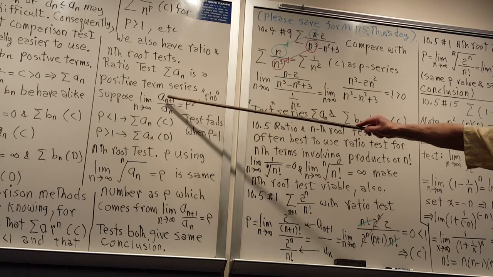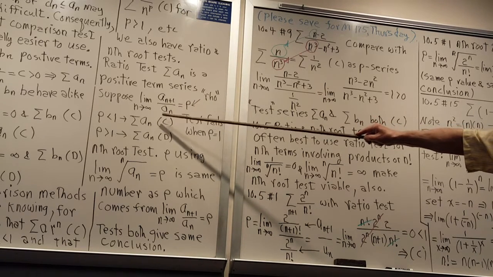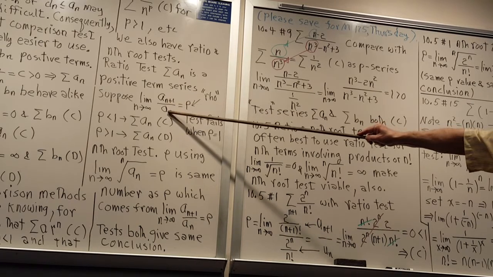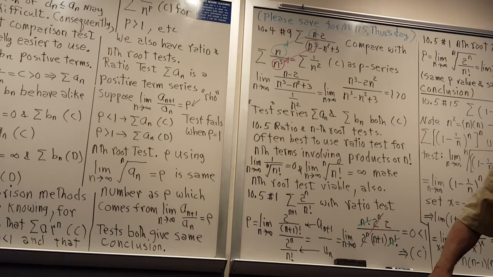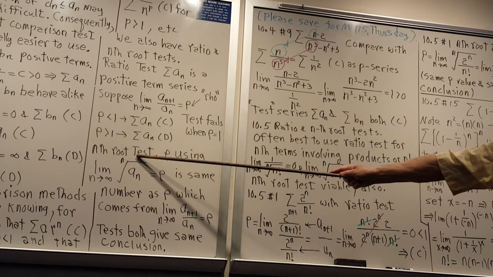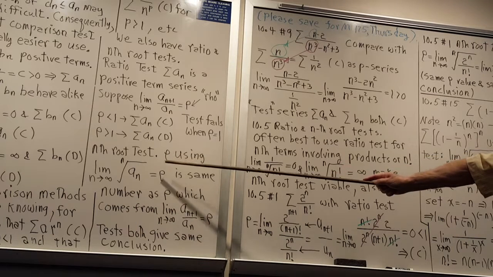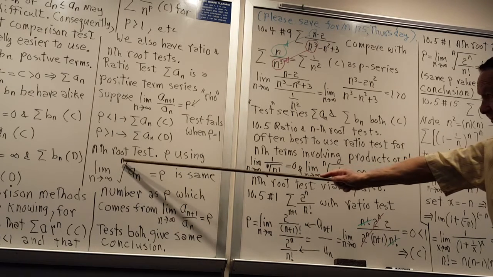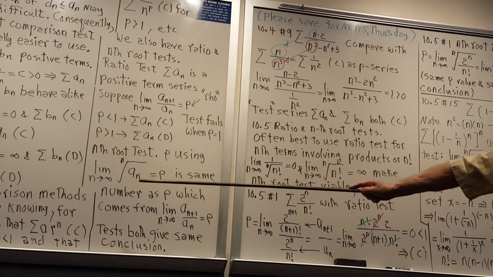Nevertheless, this is very valuable, and it's generally how you go about things if you have factorials. The alternative to this is called the nth root test, and you take the limit of the nth root of your general term.